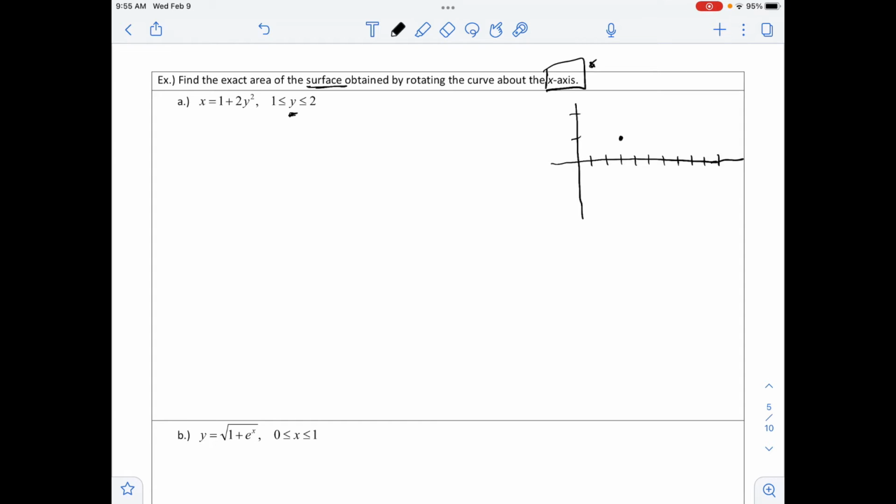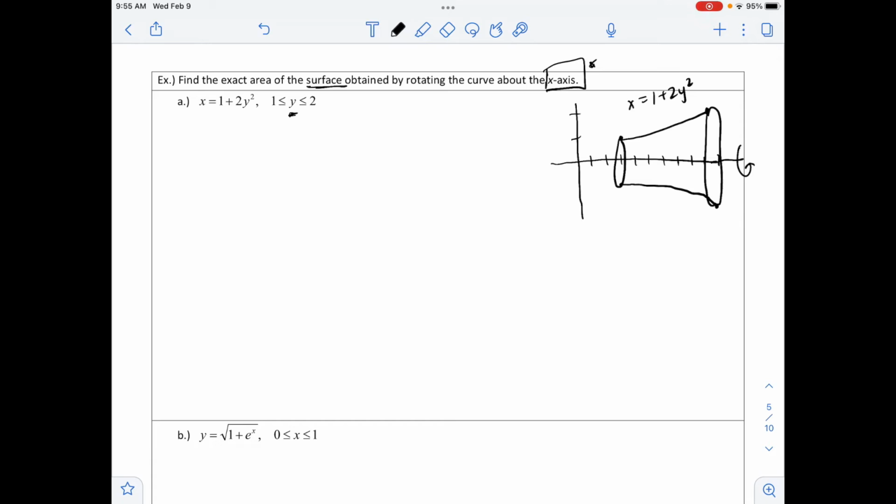And then when y is 2, you get 4 times 2, which is 8, plus 1 is 9. And so our curve here is that x equals 1 plus 2y squared. And we're going to take this and rotate it about the x-axis. So if you think about it being reflected down here, I'll just do a rough sketch. And as it rotates around, that is what we're going to end up with.